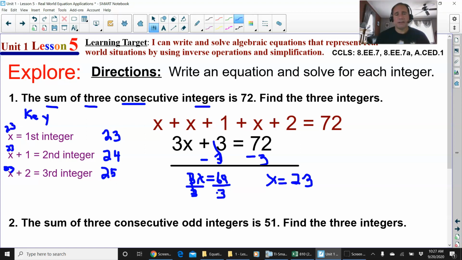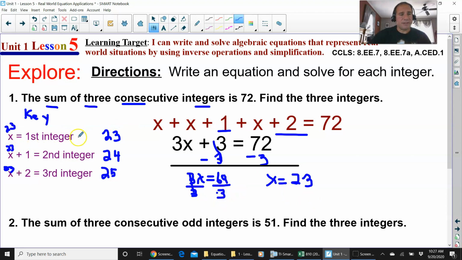You combine like terms, you get 3x. Right here is where you combine that: 1x, 2x, and 3x. So we have 3x and then 1 plus 2, which is 3, equals 72. You subtract 3 on both sides, you get 69. 3x equals 69. Divide by 3, you get x equals 23.